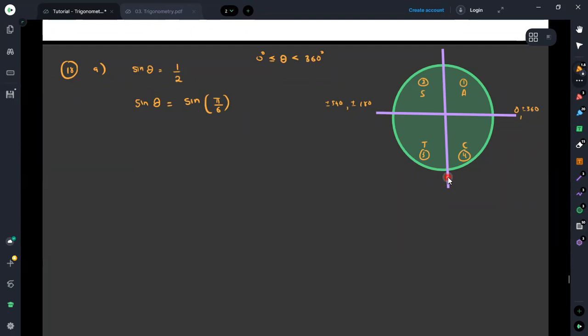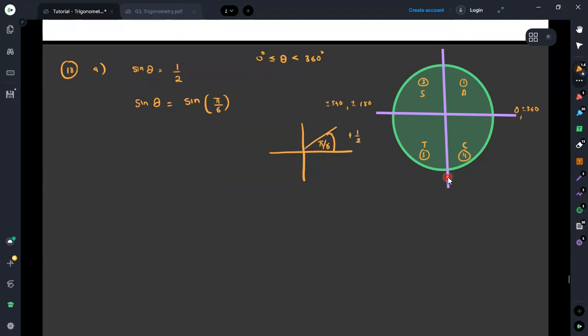It is because if we are measuring the angle 5π over 6 in whatever direction from the baseline, we will get positive values, because the sine function is positive in the first quadrant and the second quadrant as well. If you measure 5π over 6 in this way, you will get plus half.